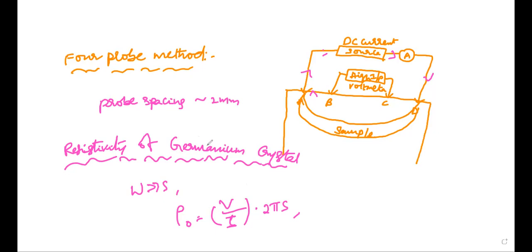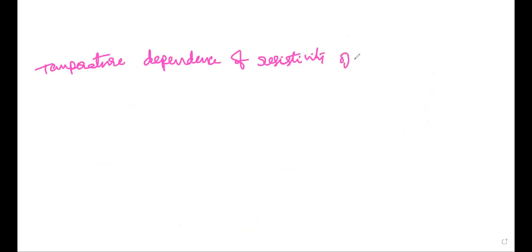Here, for this germanium crystal or whatever it may be, the resistivity depends on the temperature. So this is the temperature dependence of resistivity of a semiconductor.